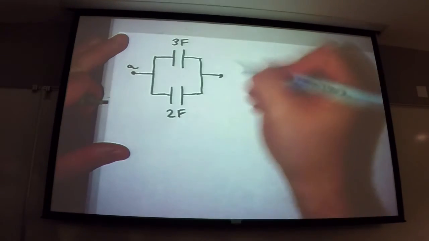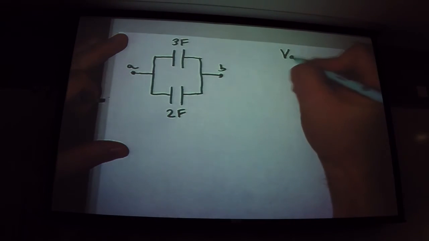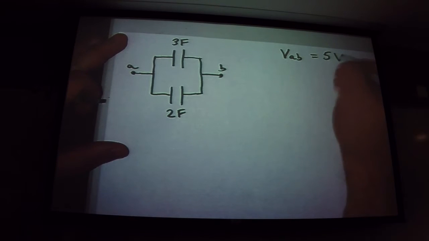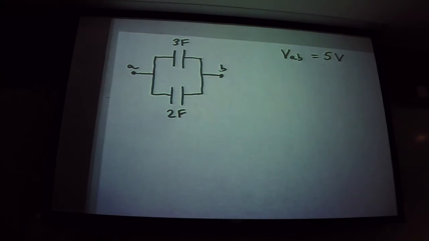I put a voltage across from A to B, and the voltage from A to B is 5 volts. First of all, I want to know the equivalent capacitance of this and the total charge stored in the circuit. Then I want to break that down to figure out how much charge is on each of those plates.